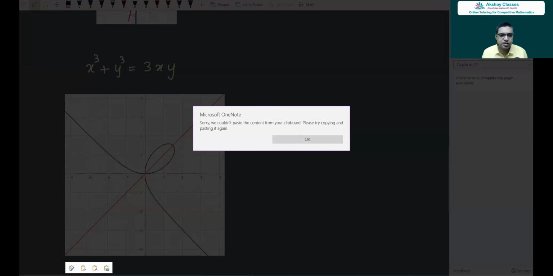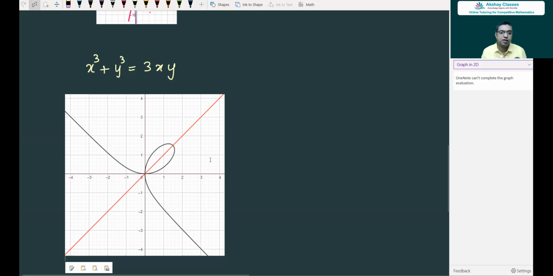Sometimes a question comes: find the area bounded by the loop of this curve.